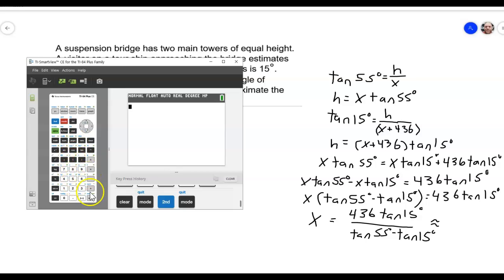And now we're going to do 436 times the tangent of 15 divided by, and we're going to put the whole bottom in parentheses, tangent of 55 minus the tangent of 15.